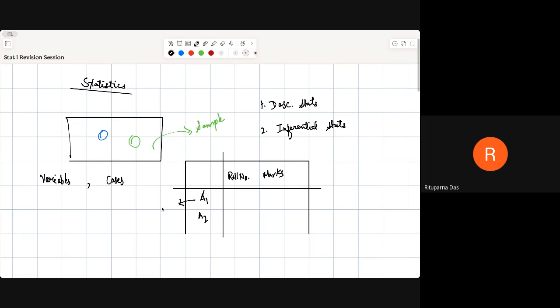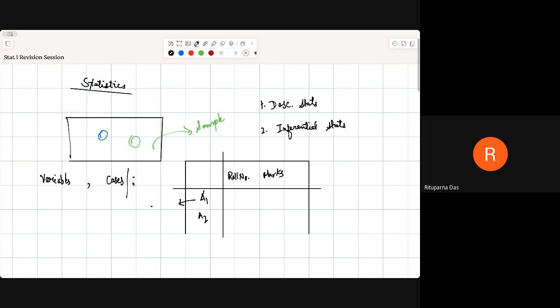No, I'm so sorry. Each of the rows represents a case, and the columns represent the variables, the attributes, the basic properties of each of the cases or observations.